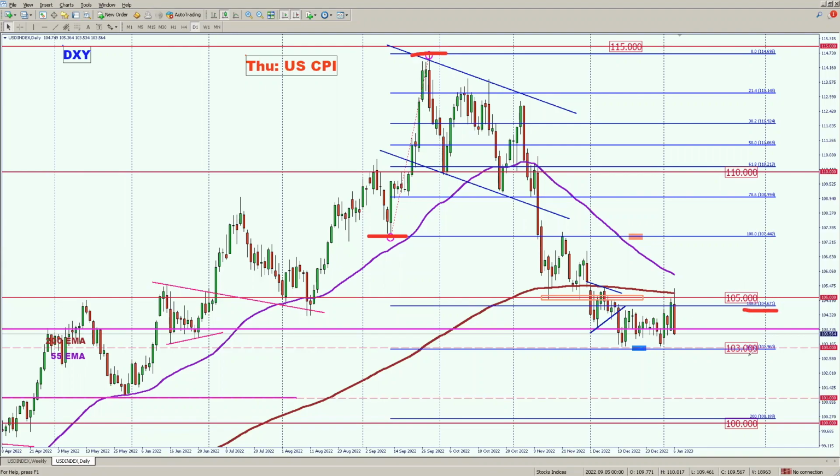It tested the 105 just above the 138 here, the daily 200 EMA, before falling back down lower, and has support from the 103 where the 162 fib extension is. So it's trapped between the 103 and the 105 for now.